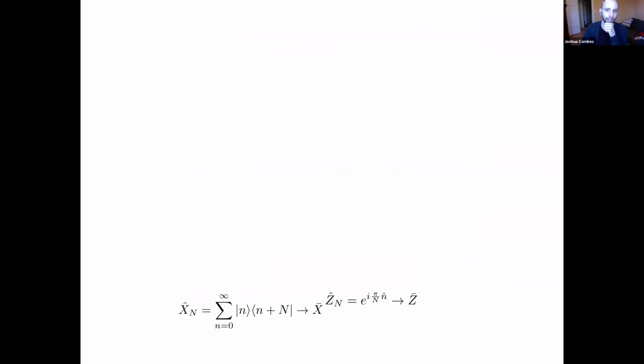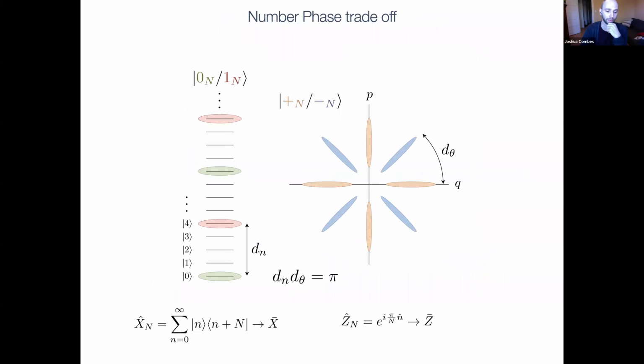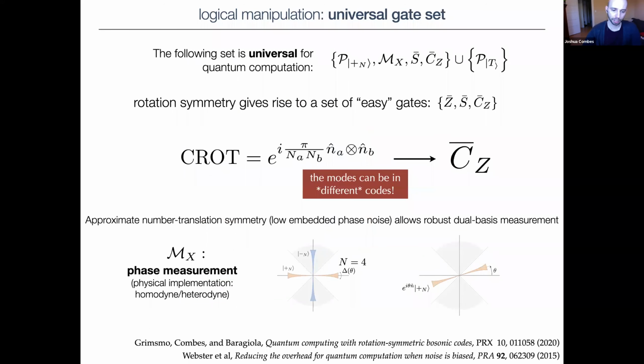And it was really hairy, and mostly because the x operator is very unphysical. And at some point, Anna realized that there was a really nice way to do this that avoided all of it. And that's what I'm going to explain now.